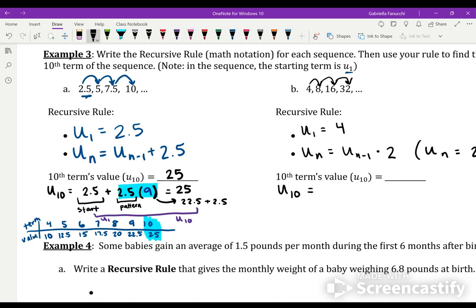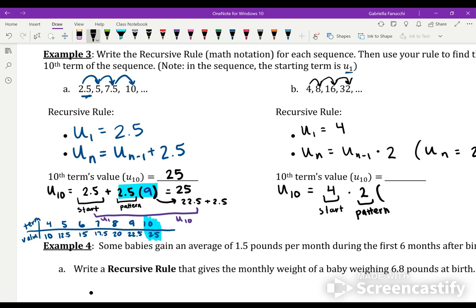So for the 10th value, we want u sub 10 is equal to, where are we starting? We're starting at 4. Times, sorry, not plus. We're timesing by 2. This is the pattern, or the rule.